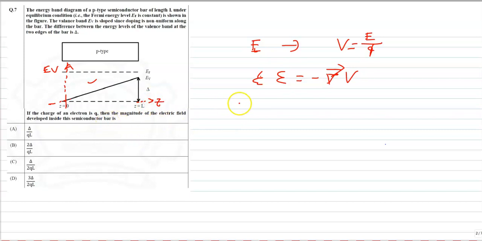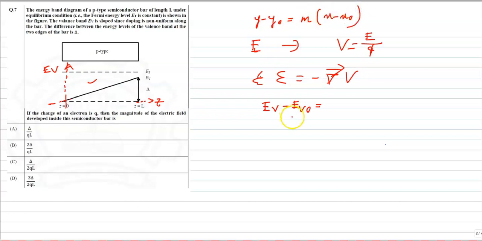So the equation of this EV will be EV minus EV0 is equal to, that is point and slope form, Y minus Y naught is equal to slope into X minus X naught.